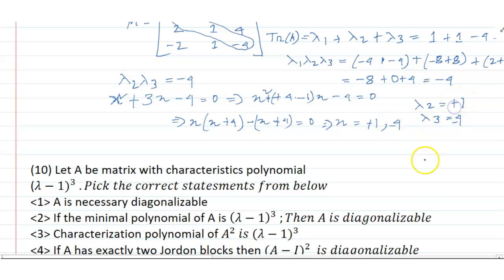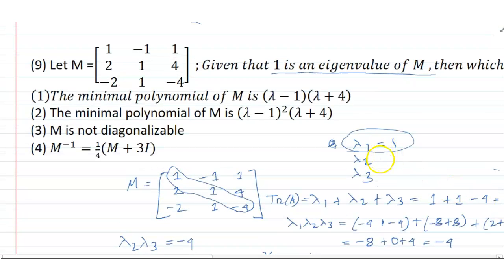So my lambda values are 1, 1 and minus 4. So the characteristic polynomial of M equals lambda minus 1 whole square into lambda plus 4.